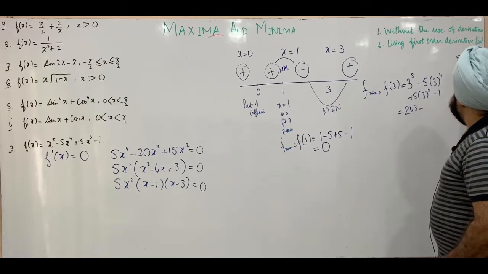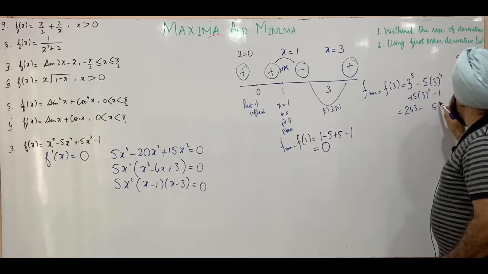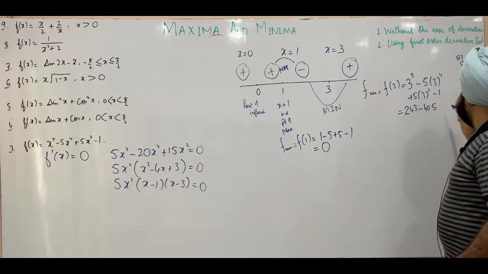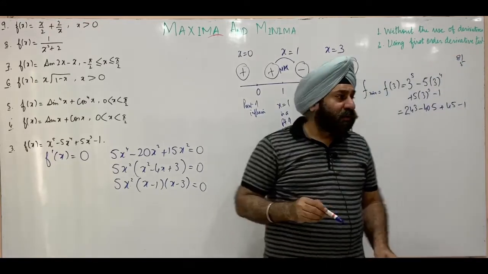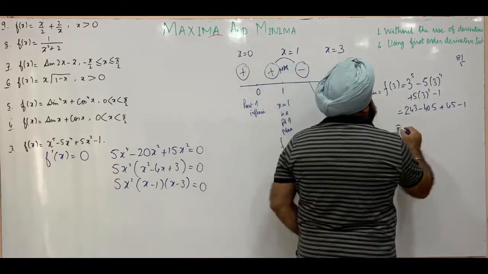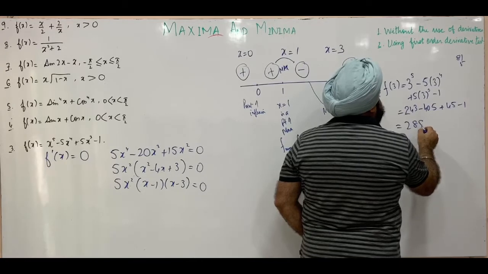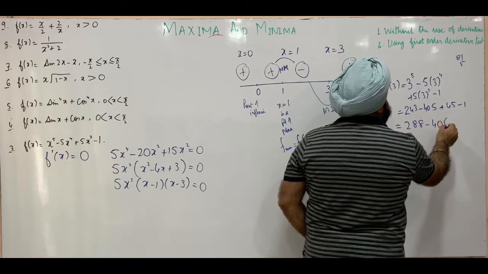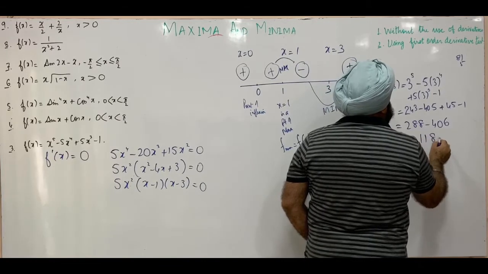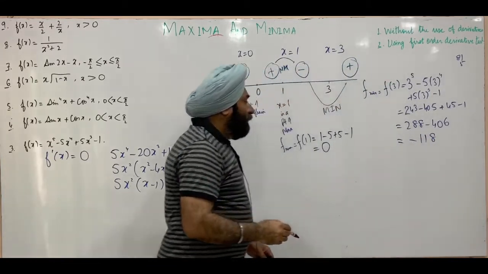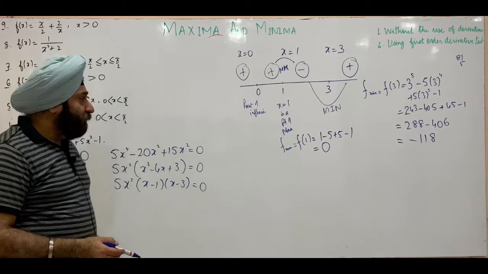This will be 81 into 5, minus 405, then plus 45 and minus 1. We can find this value. This is 288 minus 406. So this will be minus 118.